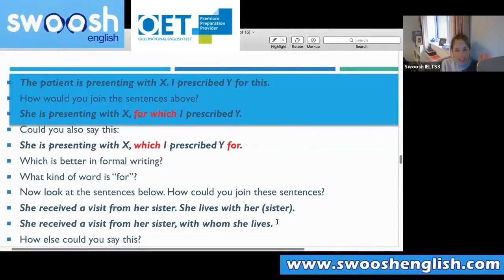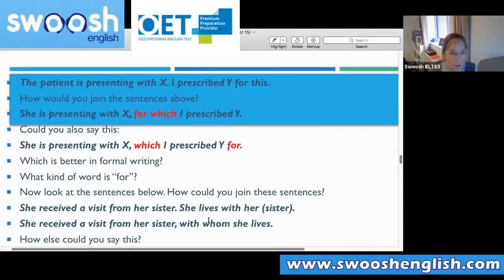In spoken English, we don't say whom, really. I never say whom, yeah? So we would actually say who she lives with. You could say whom she lives with, but maybe if you were speaking to the Queen or something, you might say that. But I would say who she lives with, or if you have the preposition in front, you must say whom.